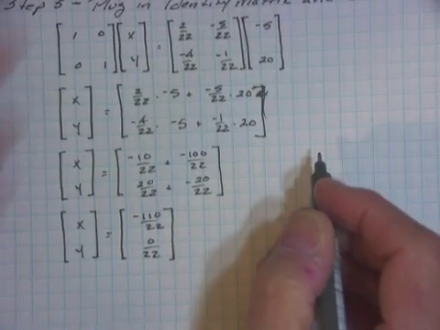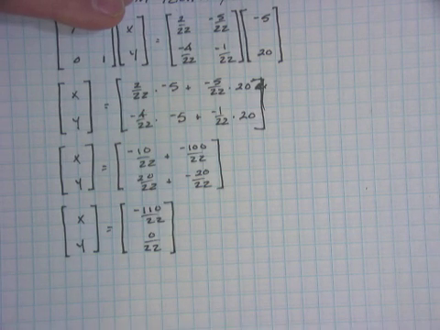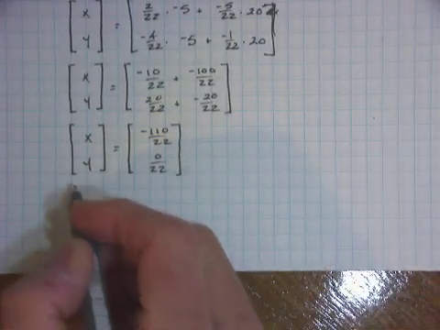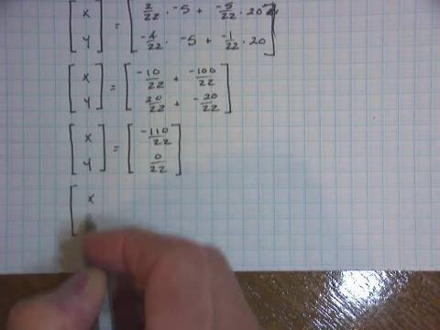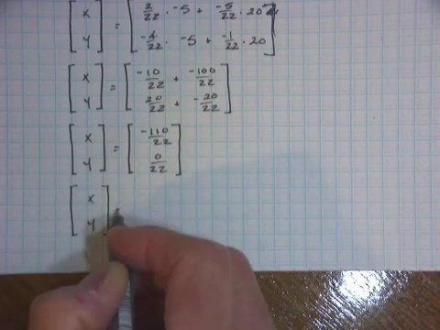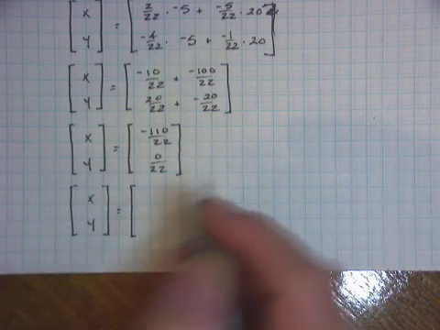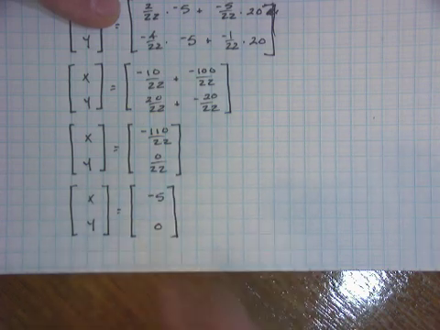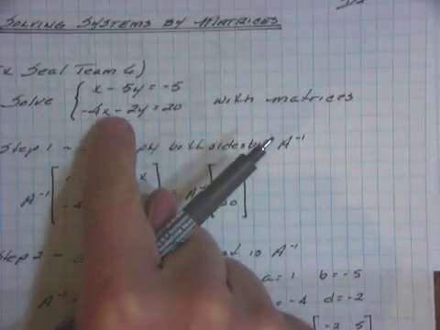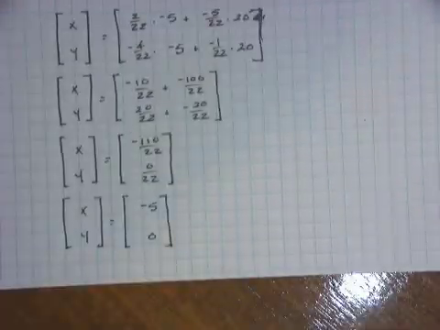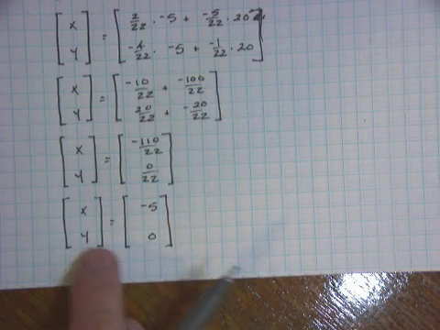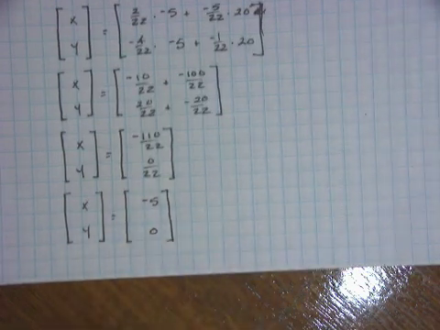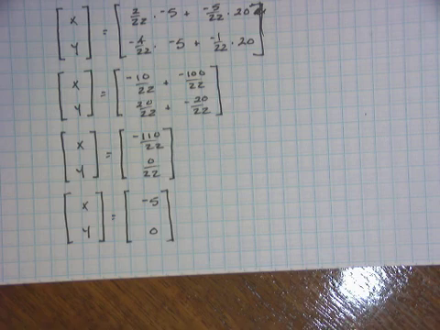So xy equals negative 110 over 22 and 0 over 22. So we can just simplify that and see that xy equals negative 5, 0.